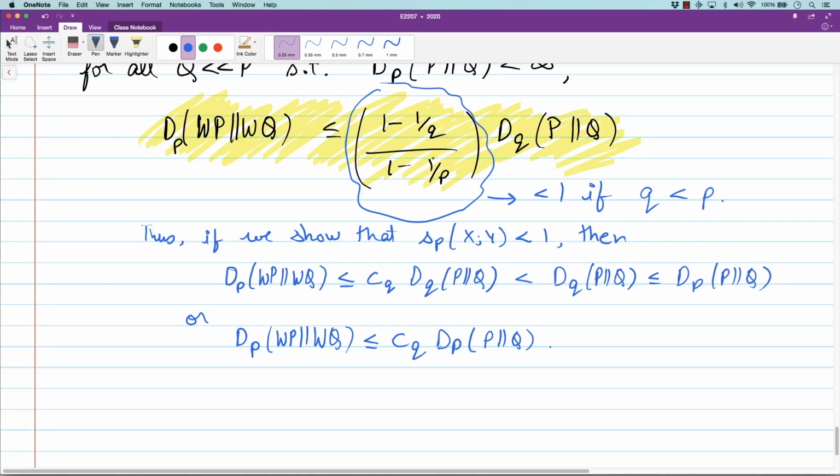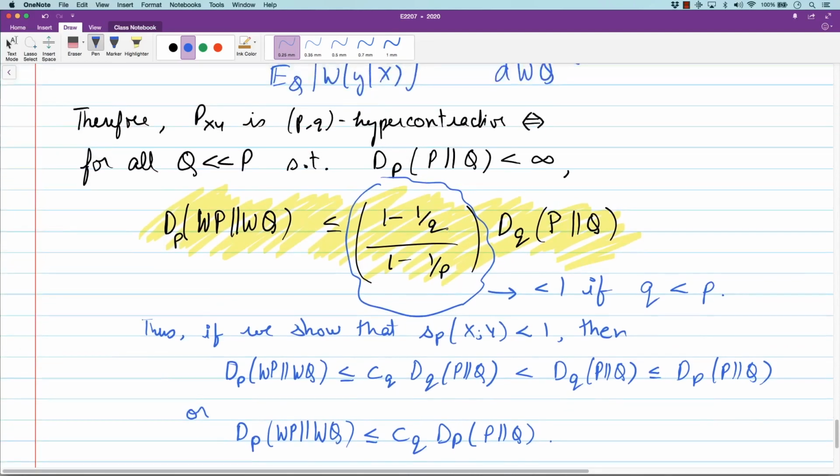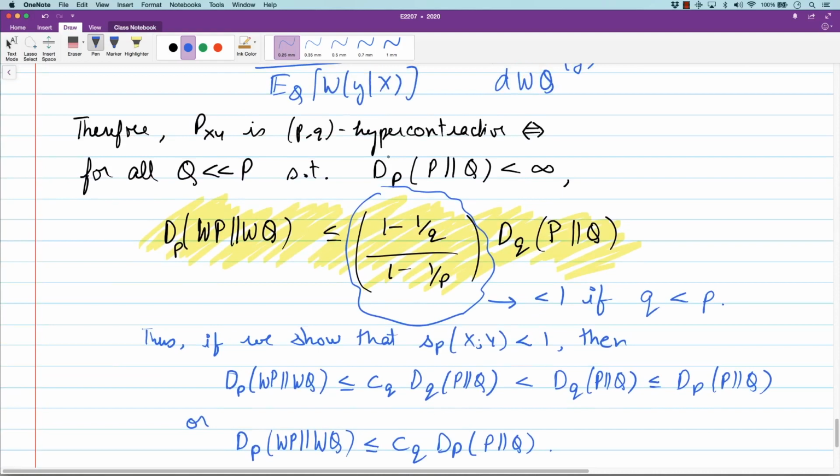And in fact, there's a lot of work on the connection between the best data processing constant, which is obtained by taking sup over this, and which is obtained by minimizing over the q here, and this S_p(XY). Mostly this guy is attained when p goes to infinity, and that quantity coincides with the best data processing constant. That's usually the case. But here is an exact equivalent: P_XY is (p,q) hypercontractive if this Rényi divergence of order p satisfies this particular strong data processing inequality.